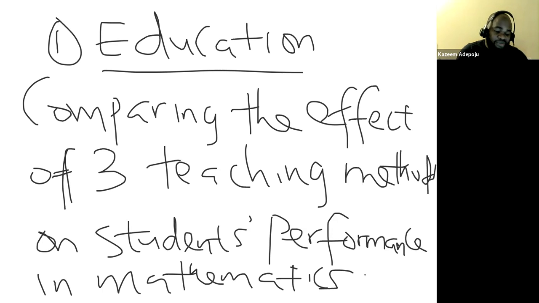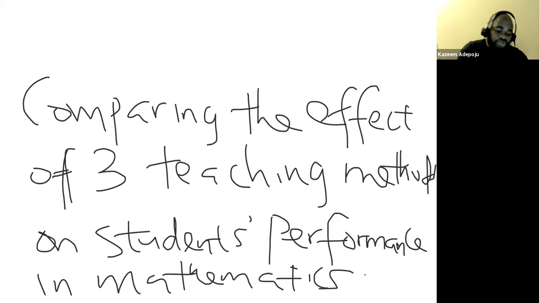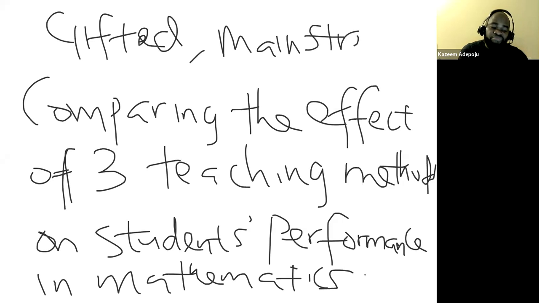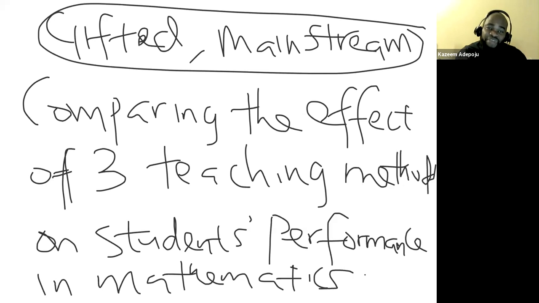Give me 1 second. We have some students that are gifted in mathematics, and we have others that are mainstream. Analysis of variance will not control this effect. In analysis of variance, we just assume that the nature of students is the same.